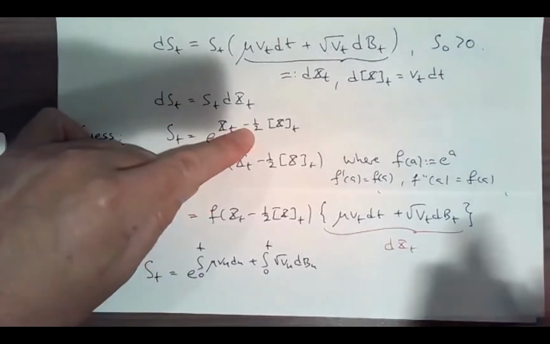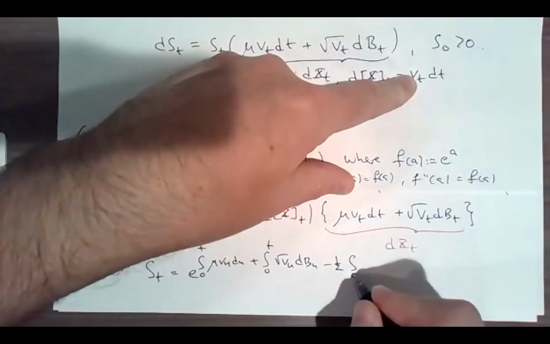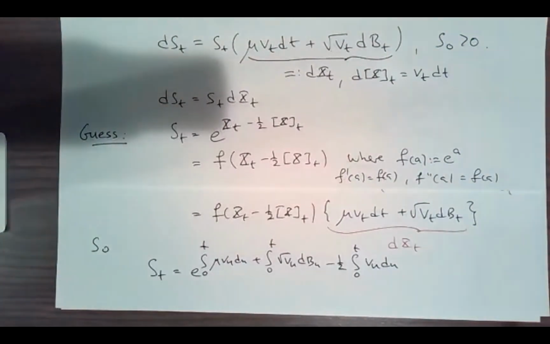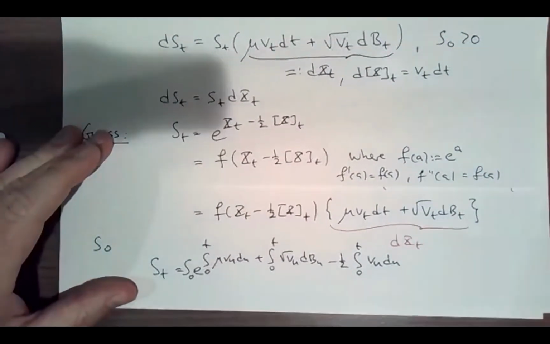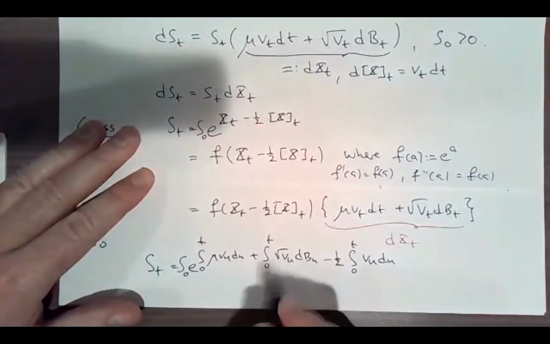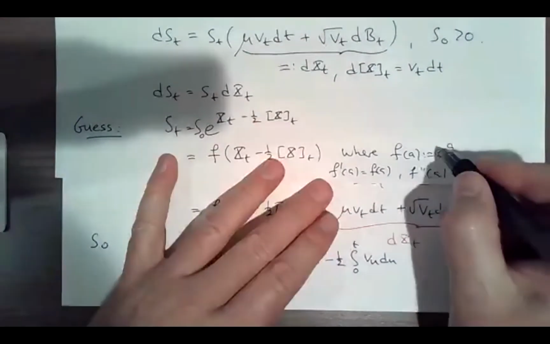That was the first part, and then I need minus 1/2 the quadratic variation. That was this guy, integrated vu du. And then we need the initial value over here, S0. So I should have an S0 here.